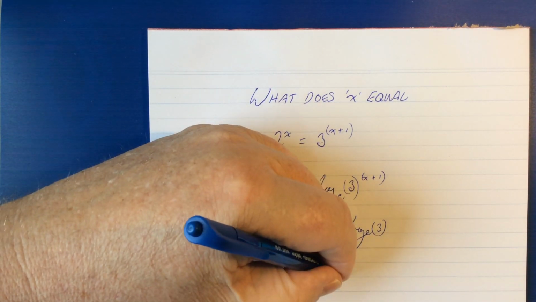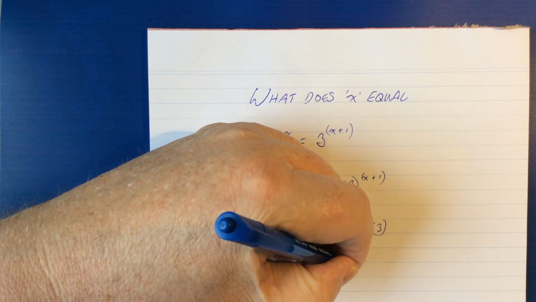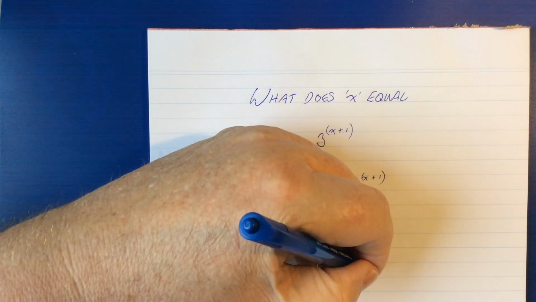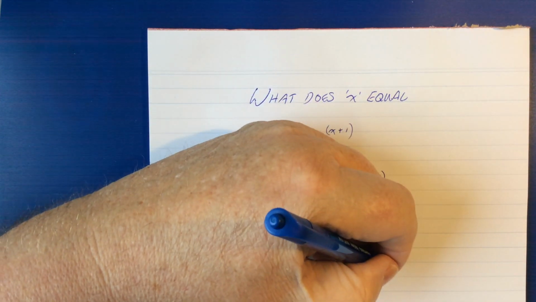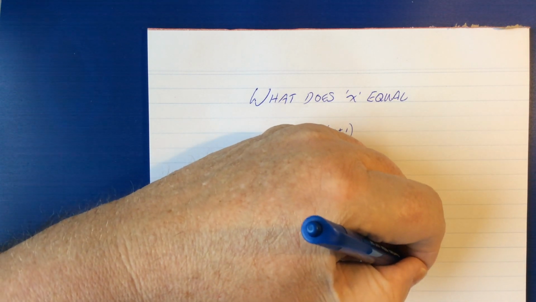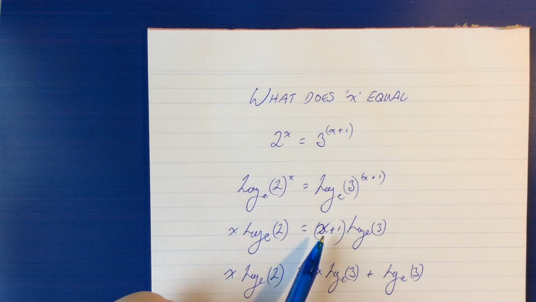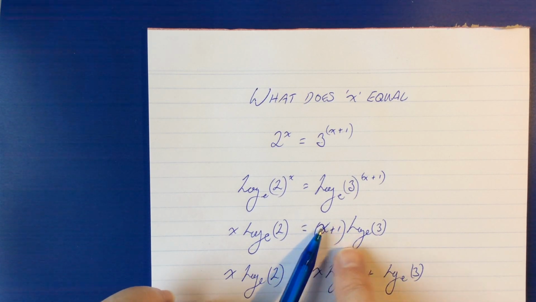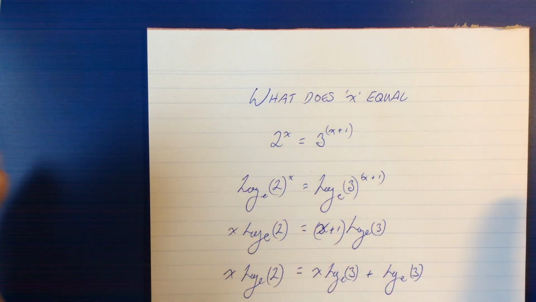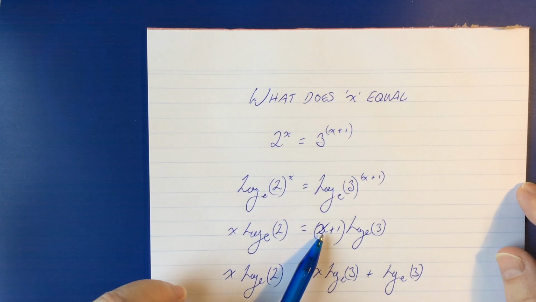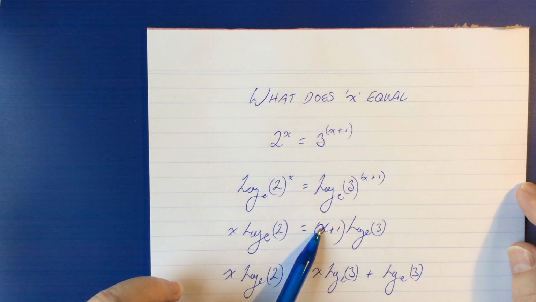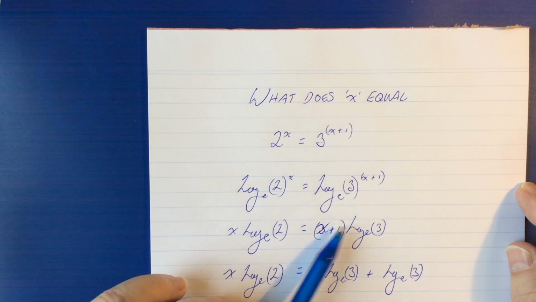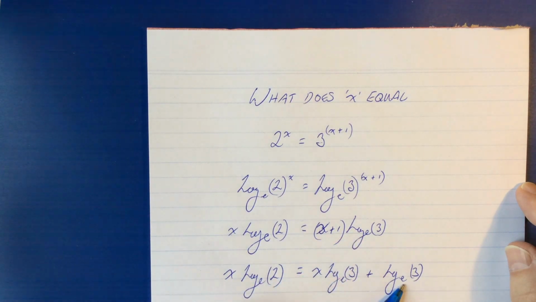x log e of 3 plus log e of 3. Now what I've done is I've separated this out. I've just used the distributive law, if you will, and I've said that we have x times that and 1 times that, and we can write them like that.